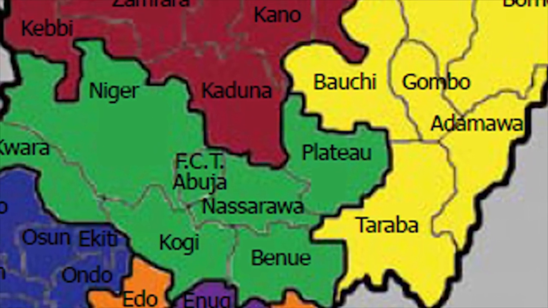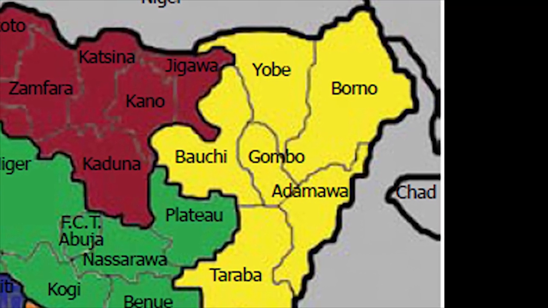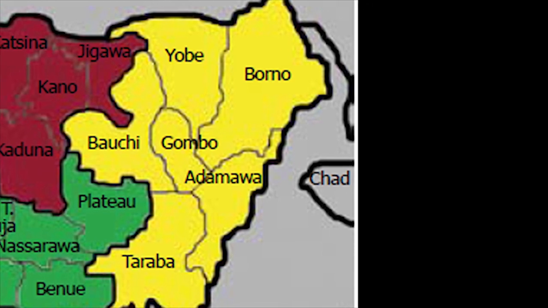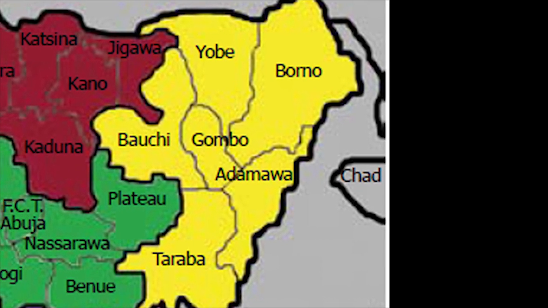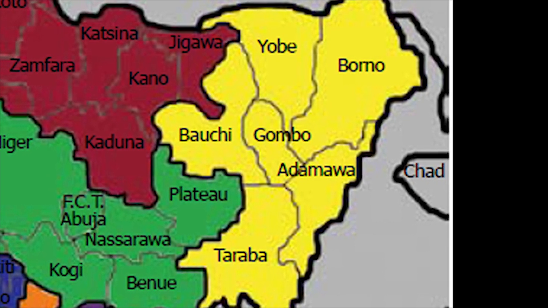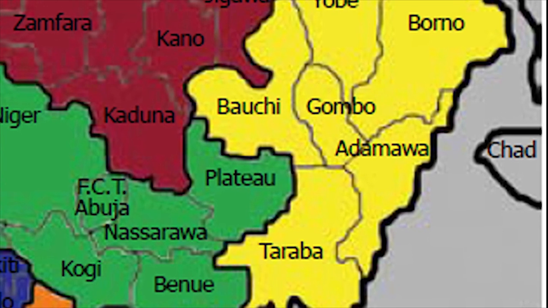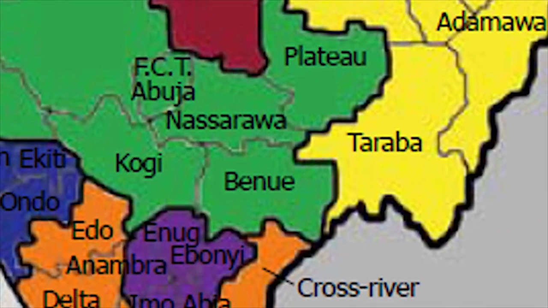The Savannah region. This includes the states of Borno, Yobe, Adamawa, Bauchi, Taraba, and Gombe.